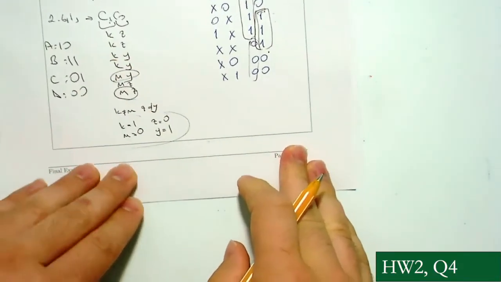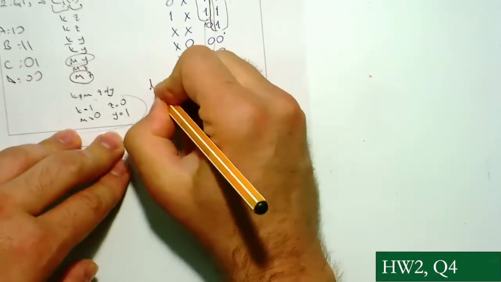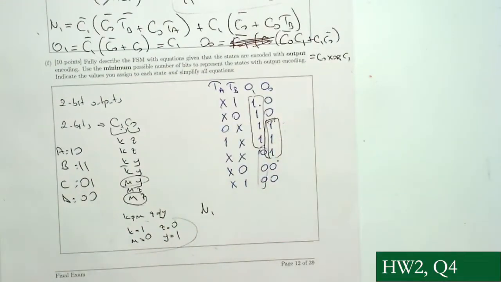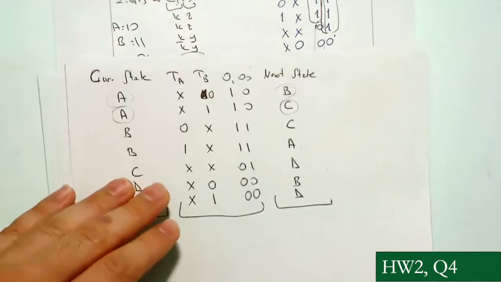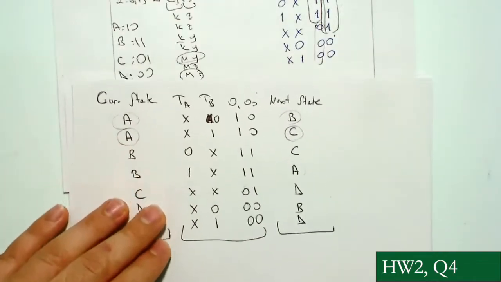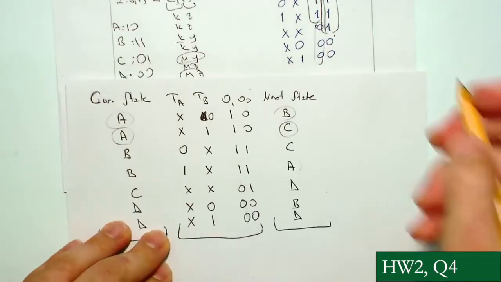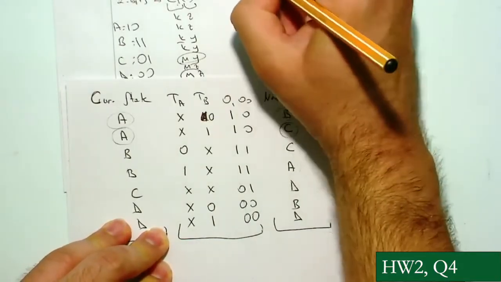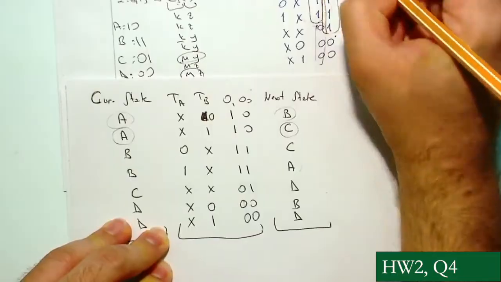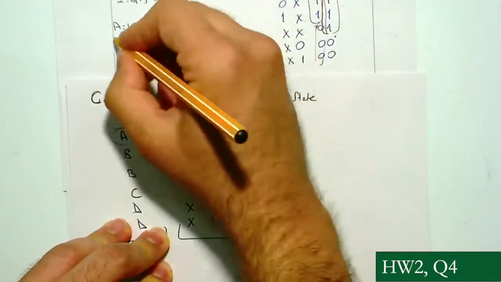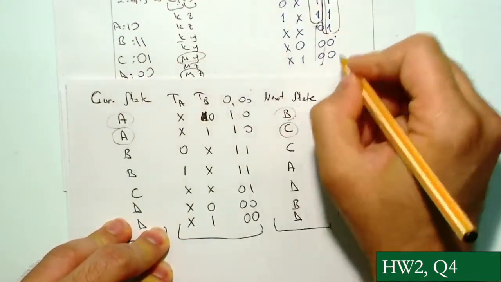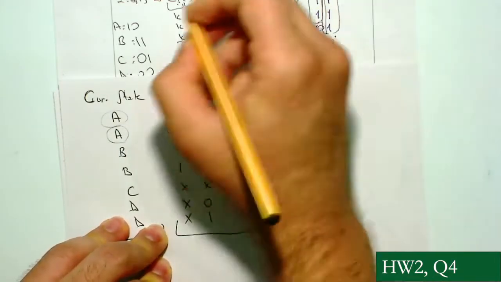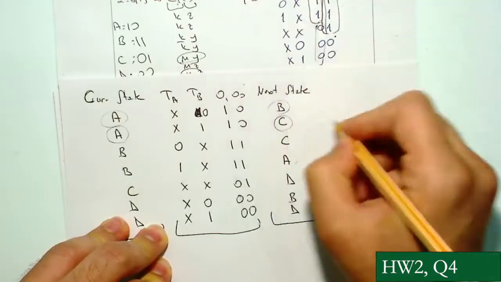Okay, so let's write it in that sense. I have A here, then C1, C0, with 1 and 0. This goes to B, which is 1, 1. This goes to C.